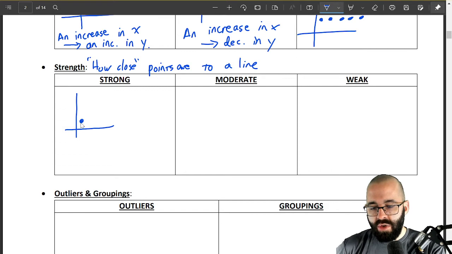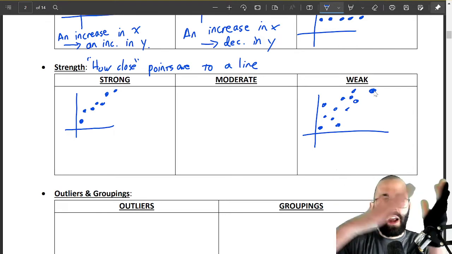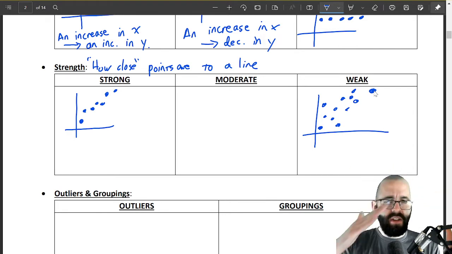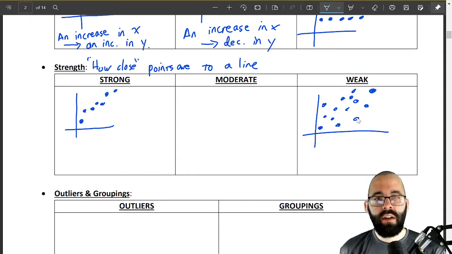So an example of strong correlation might be something like this. Whereas weak correlation, it's still positive maybe in this case. This is positive correlation. But notice that the data points are much more spread out, even though they still kind of fit the same general line.